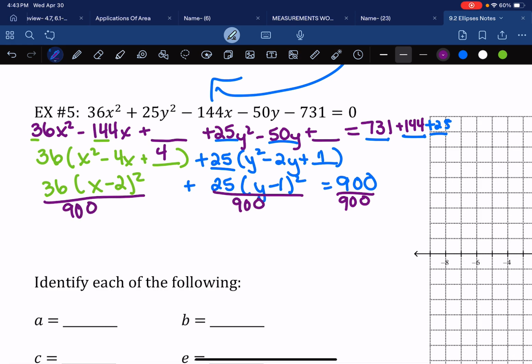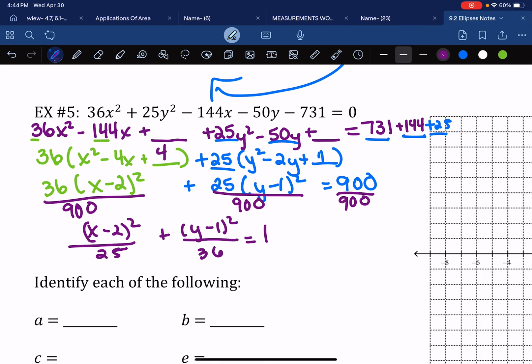All right, and then let's simplify that. That would be (x minus 2) squared over 25 plus (y minus 1) squared over 36.